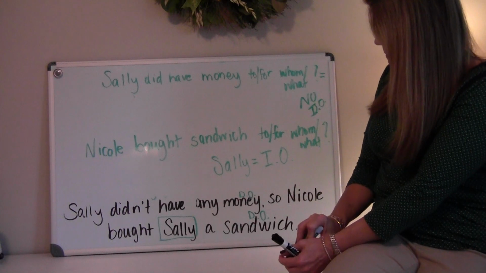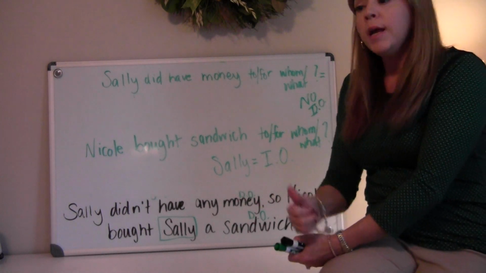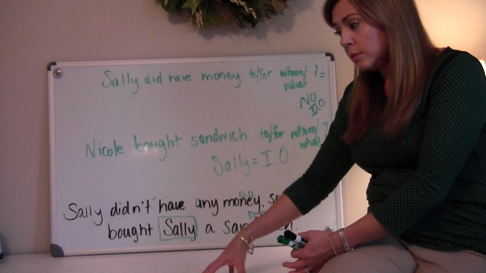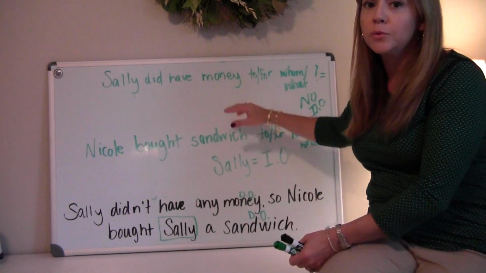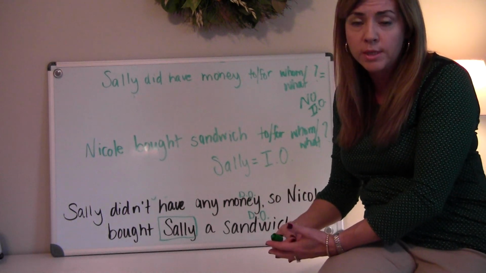Okay. So, direct object, you must have an action verb, and your direct object receives the action. Your indirect object, in order to have an indirect object, you have to have a direct object.